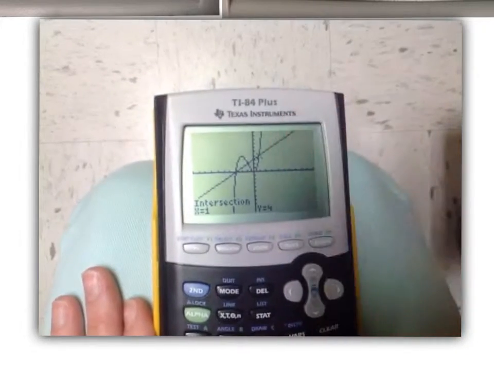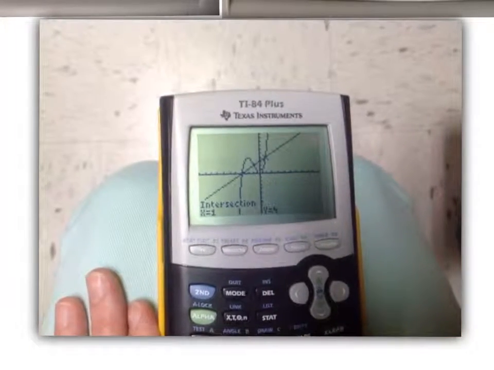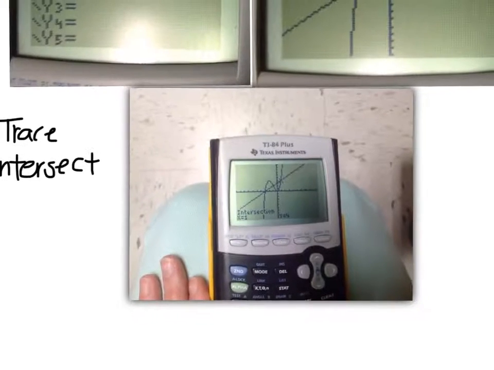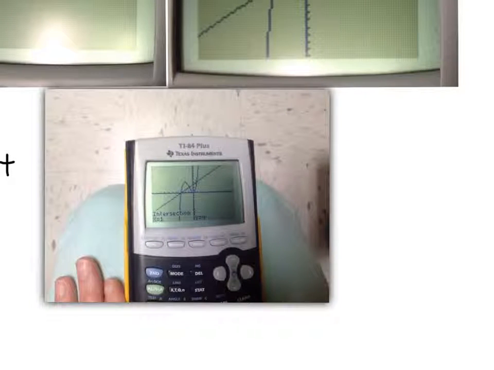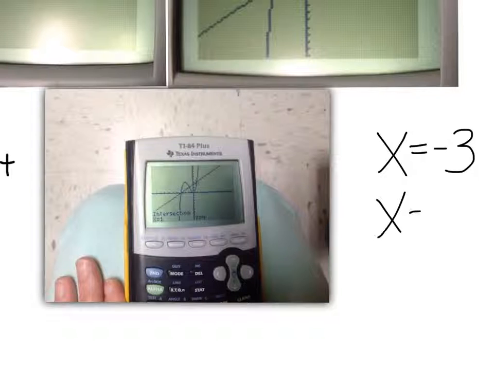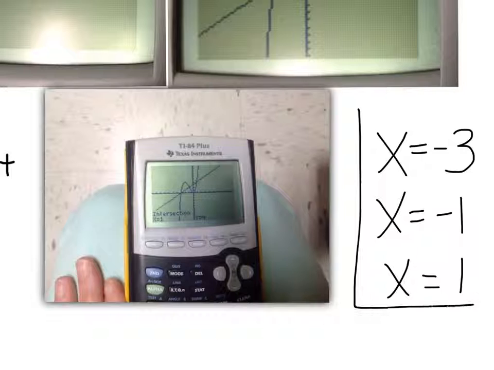So those are your 3 answers. X equals -3, x equals -1, and x equals 1. Any questions, or can I help you do that? Second trace, and it should be number 5 in the option list.